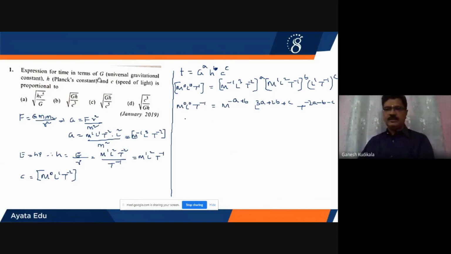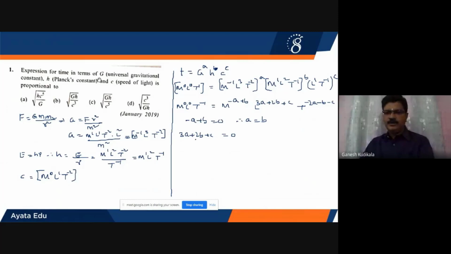Let us compare the equal powers. The power of M must be equal on both sides for the equation to be dimensionally correct. So minus a plus b is equal to 0, which means a is equal to b. If we compare the powers of L, 3a plus 2b plus c is equal to 0.